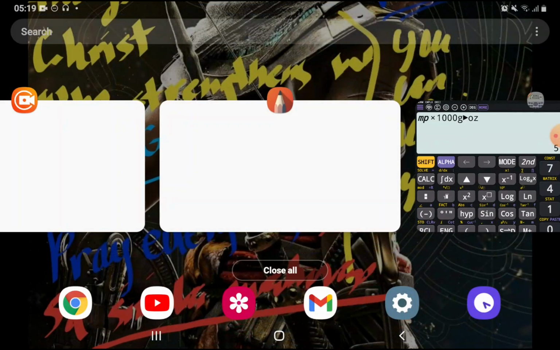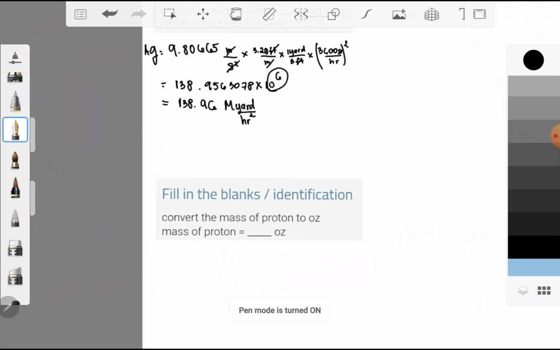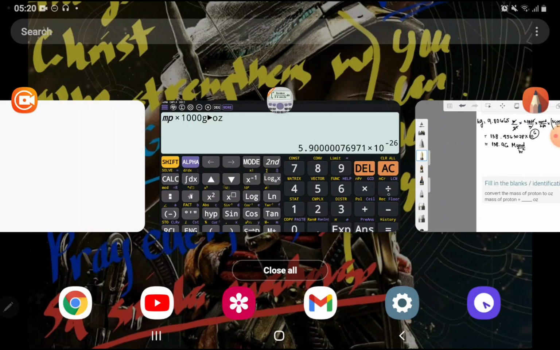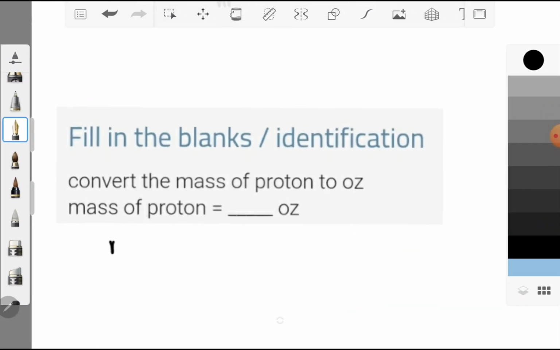Katulad ng hands, feet, di ba? Hindi mo na siya, kailangan mo siyang i-memorize kasi nga wala siya sa calculator mo. Okay? So, we have, the answer is 5.9 times 10 raised to negative 26. Okay, so mass of proton, this is in kilogram. So, convert it in gram, 1,000 grams. And then, ko-convert natin siya from ounce to gram.